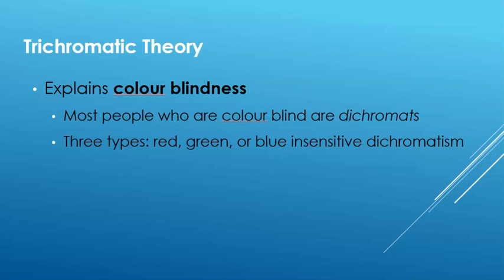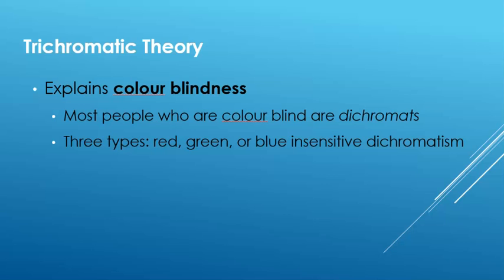Why we like this theory is it explains color blindness. Most people who are colorblind are dichromats. In other words, they are missing one type of cone. So there's three types of dichromats: red, green, or blue insensitive.